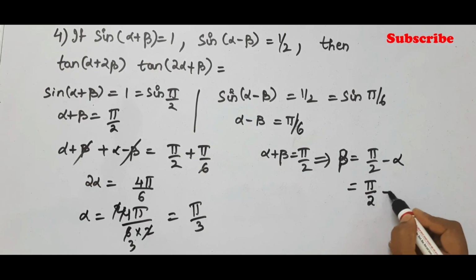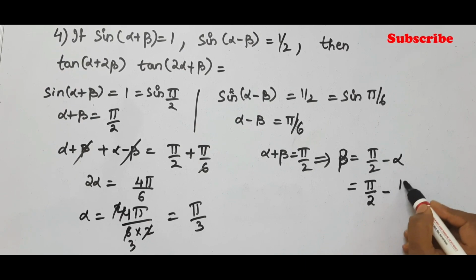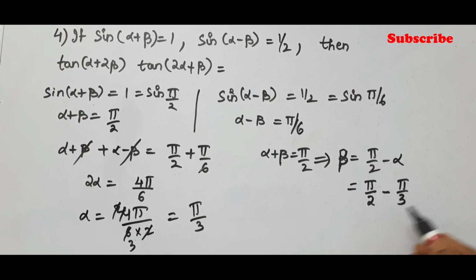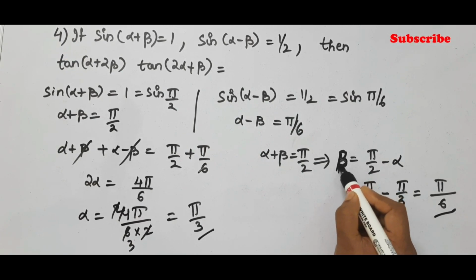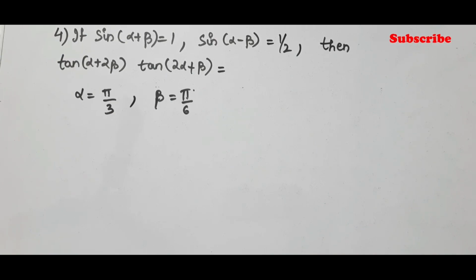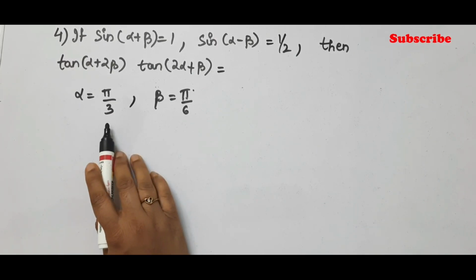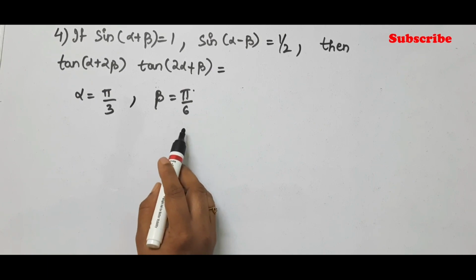So pi by 2 minus alpha value, which we got as pi by 3. So the LCM will be 6 and here 3 minus 2 is nothing but pi. So beta value is pi by 6. So we've got alpha as pi by 3 and beta as pi by 6.